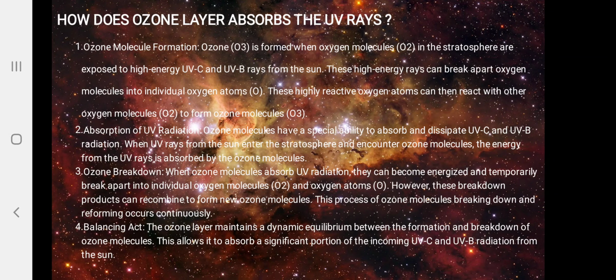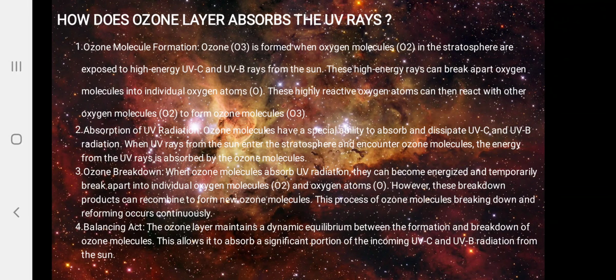Let's come back to the second point, which is absorption of UV radiations. The ozone molecule has a special ability to absorb and dissipate the UVC and UVB radiation. When UV rays from the sun enter the stratosphere, they encounter the ozone molecule.